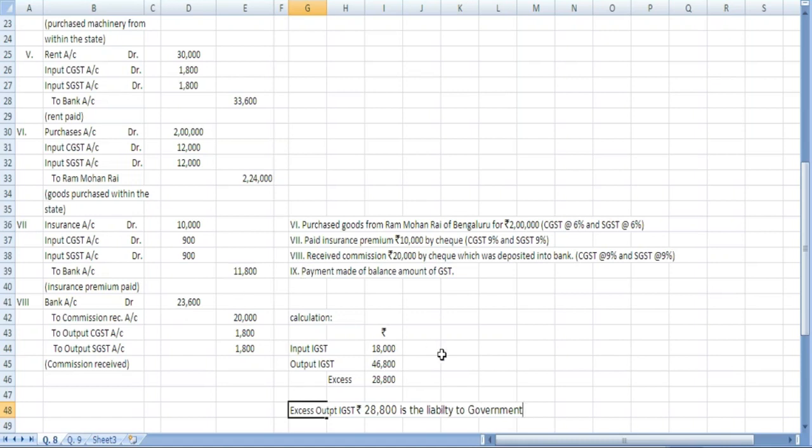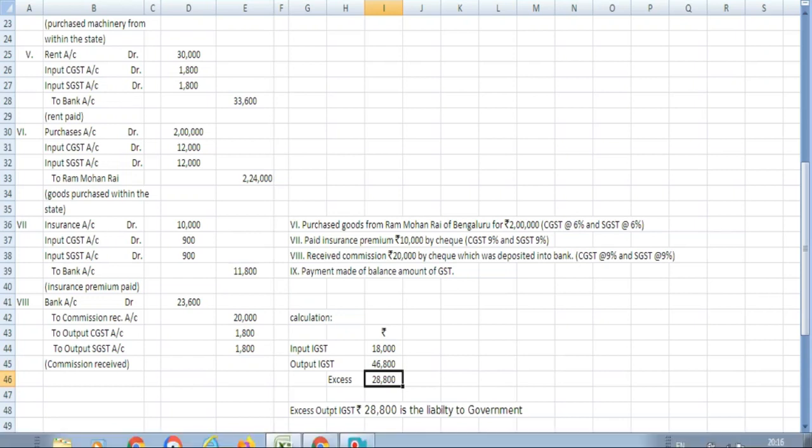Okay, so when you had purchased or expense, at the time you had paid 18,000. So at the time of settlement, what we are finding is that your collection was more. That means this excess amount has to be paid to the government. So you are liable towards the government for the excess of 28,800.